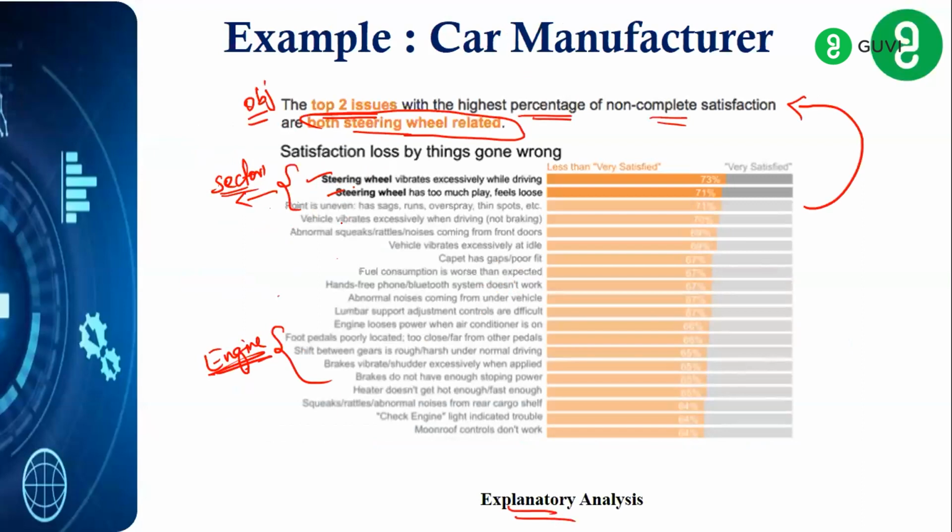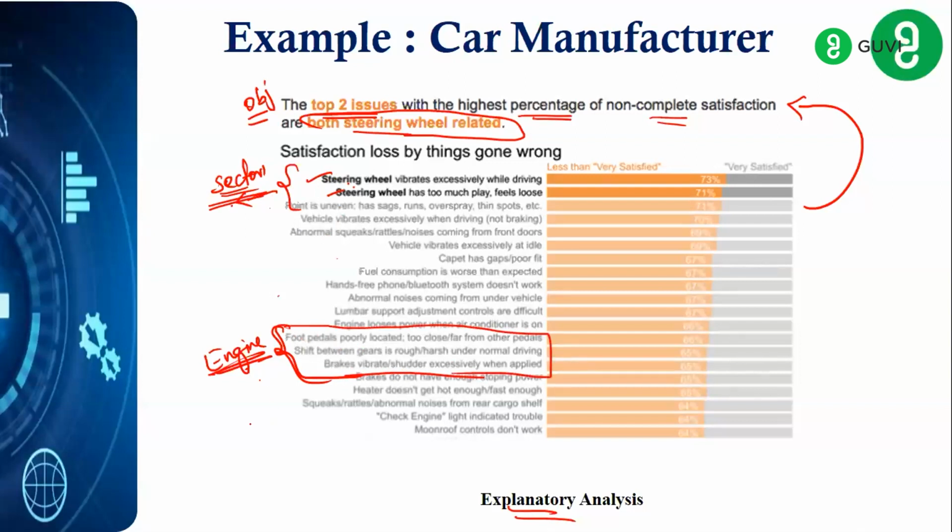For each and every query, you have to showcase your visual insights accordingly. These two queries are needed only by the steering wheel sector people, and these three queries need to be disseminated only to engine related people.